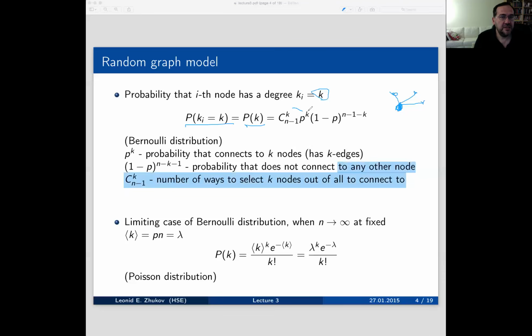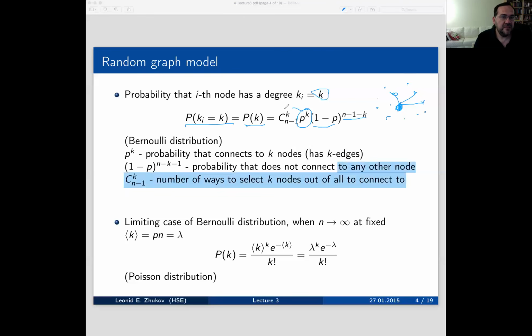So if we want a node to have k neighbors, the probability of that event will be p to the power k. But at the same time, it shouldn't be connected to the rest of the nodes. If p is the probability that it is connected, then the probability that it is not connected is 1 minus p. And finally, since there are that many nodes around and the node is connected only to k of them, we should be able to select those k nodes out of the total number of nodes.